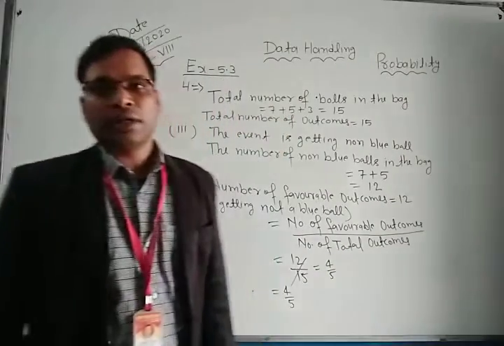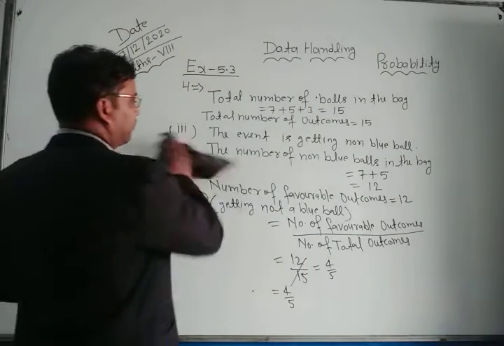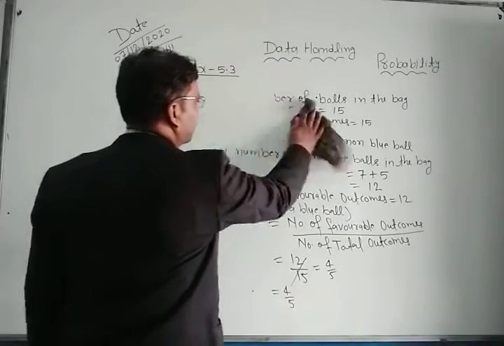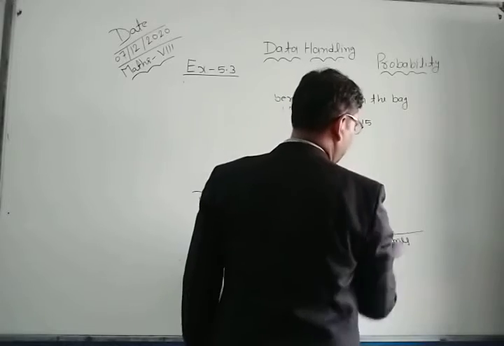So let's see. First we erase them. After this we find the probability related to playing cards. I hope all of you understood this question.